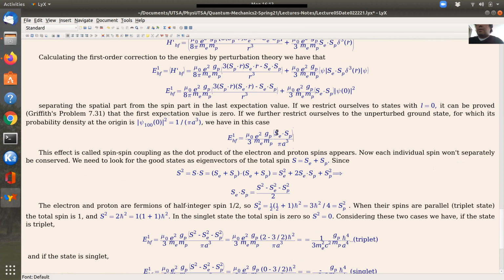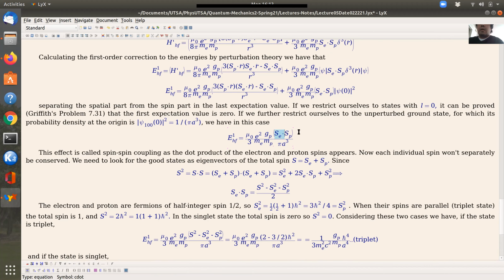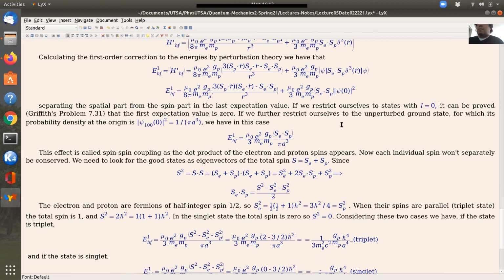We need to consider the average of SE dot SP. It's not surprising that the effect is called spin coupling, because basically the perturbation appears from the interaction of the spins of the electron and the proton. It also shows up in the formula when you have to compute this dot product.